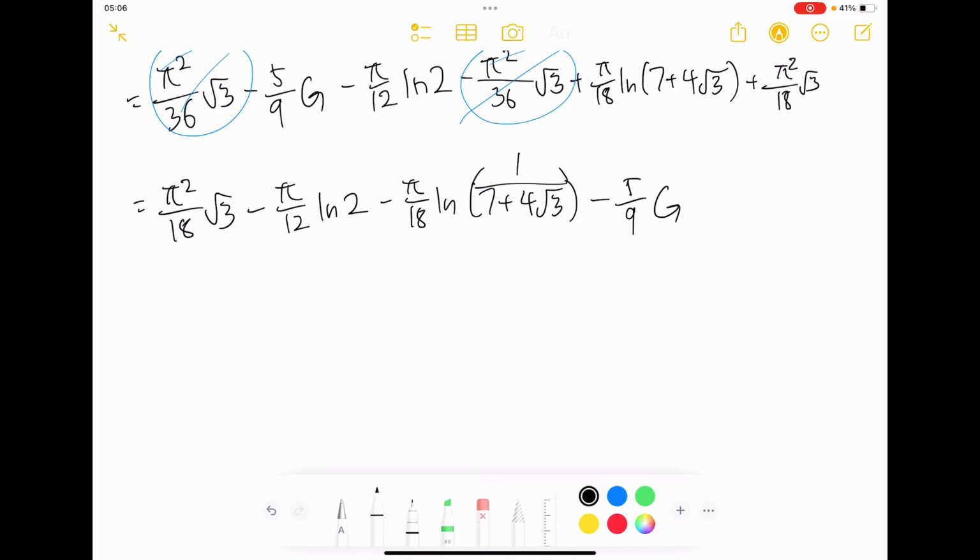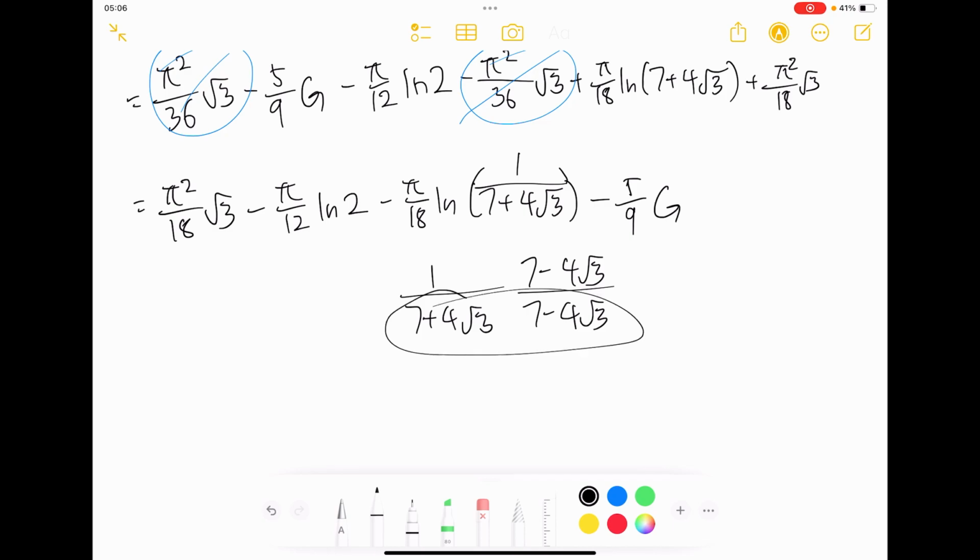And the reciprocal of this, if I multiply by the conjugate, is going to give us 1, because this is equal to 49 minus 4 root 3 squared, which is 48. So this is exactly the conjugate, which is 7 minus 4 root 3.